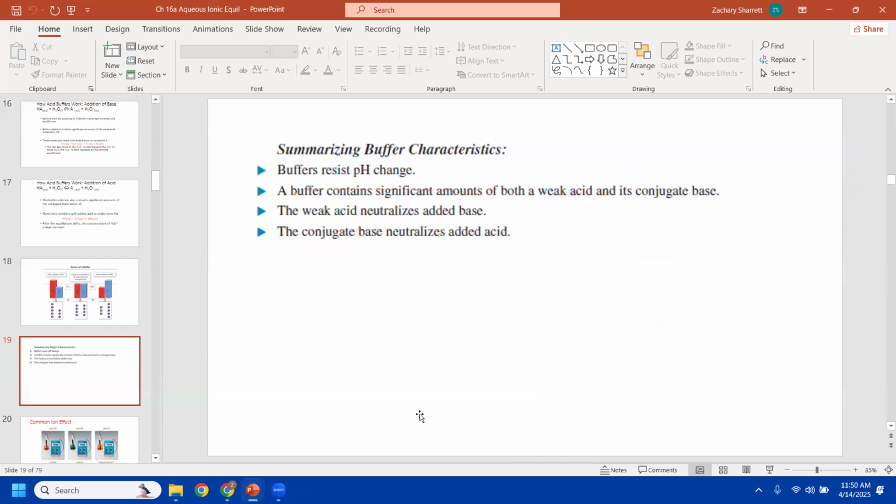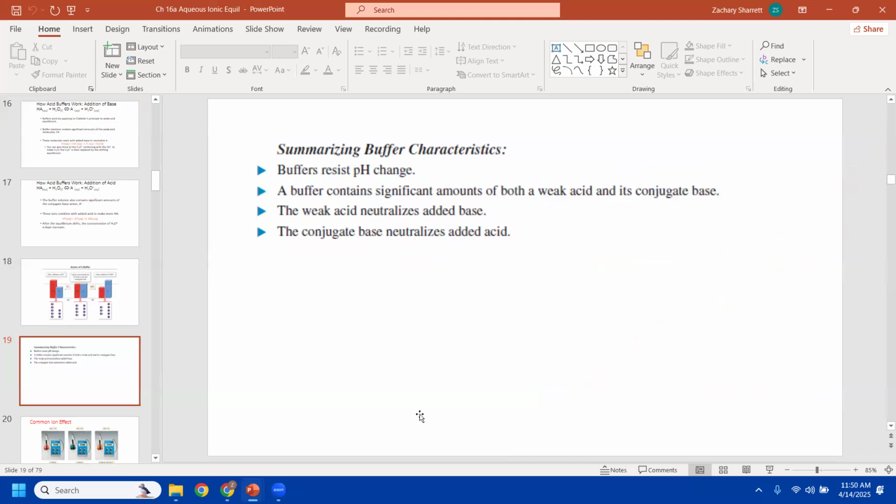The buffer does not need to be neutral by any means. We're going to actually learn how to make buffers of different pHs. Based on the ratio of your acid and its conjugate base, the pH will vary, right? So we're going to decide which acid is the best one to use.